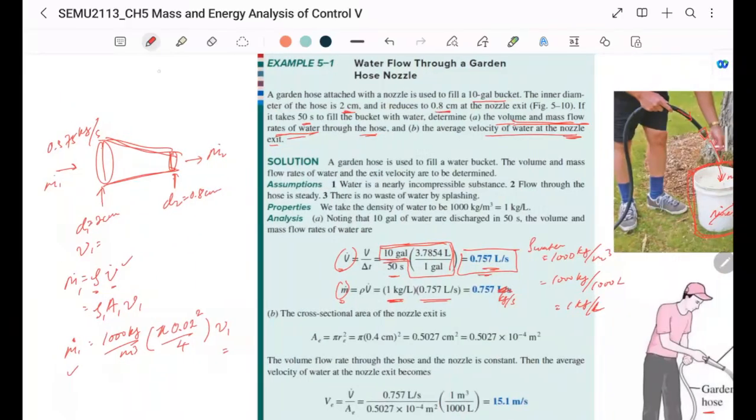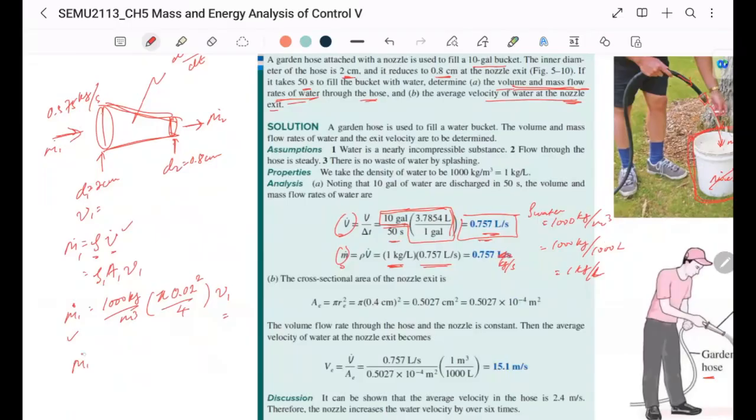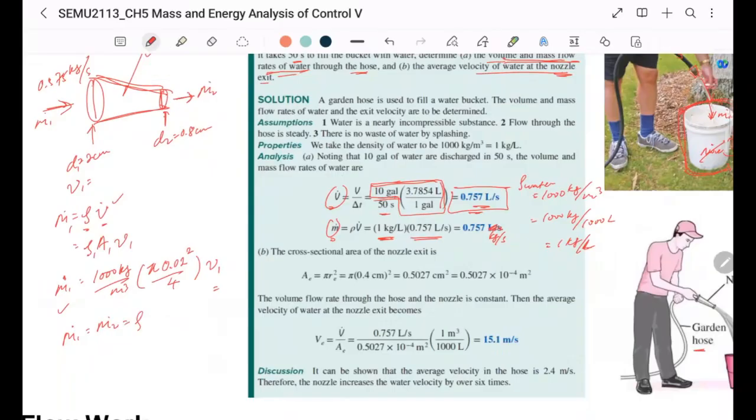So dm control volume over dt is 0. The water from the hose comes in, it goes out from the nozzle right away. Which means m1 dot equals m2 dot, same thing, now we're talking about the rate. So m2 is equal to rho 2 A2 V2.